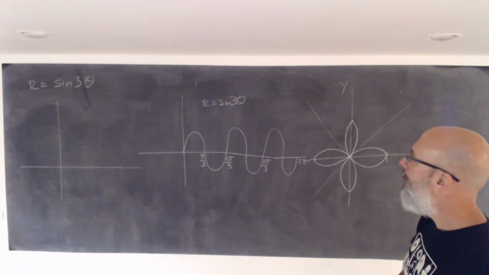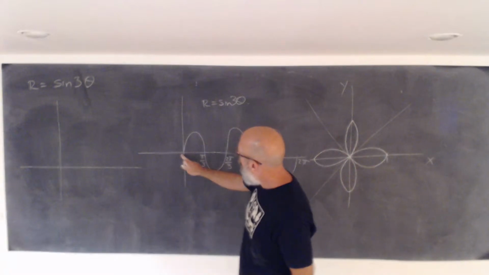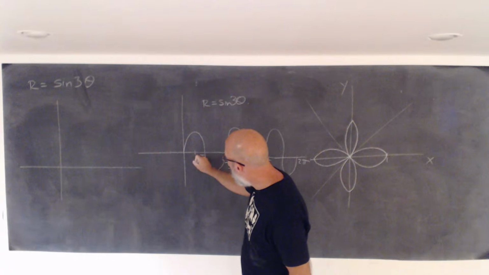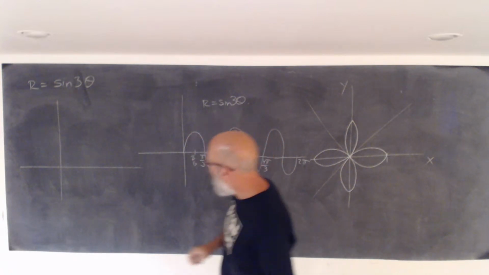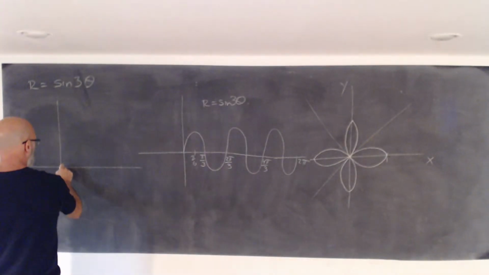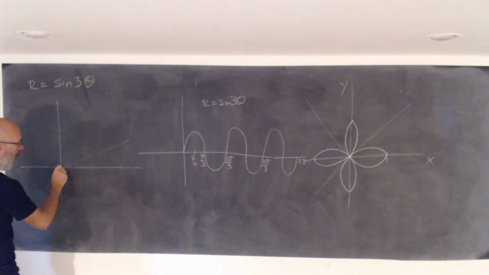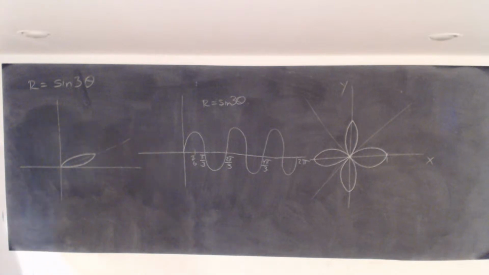All right, let's look at this. What is happening? Sine is going from 0 to 1 at pi over 6, so 0 to 1, and then back down to 0 at pi over 3.